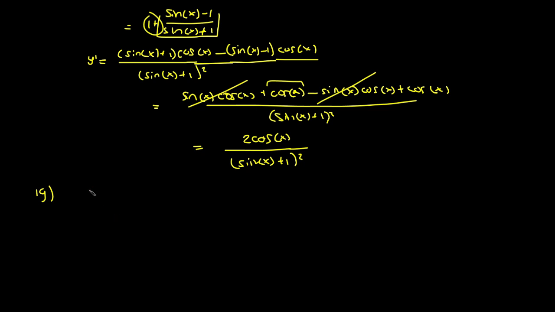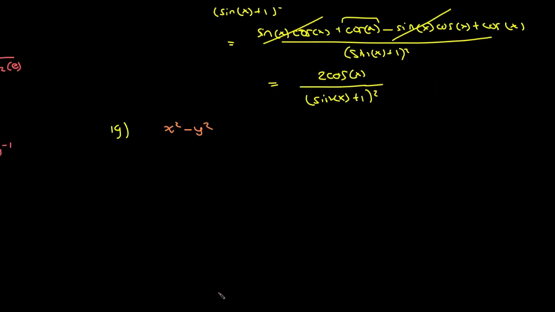Here we go. X squared minus y squared equals 2x. The objective is to find y prime. You can also say y prime instead of the derivative of y. I'll move all the x's and the y's to one side.